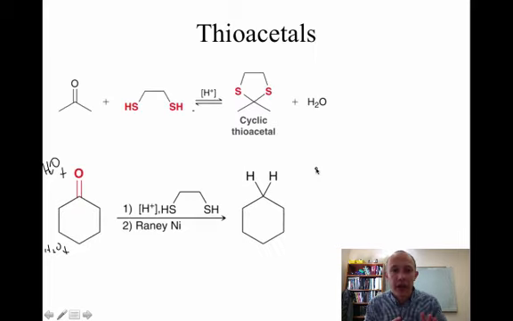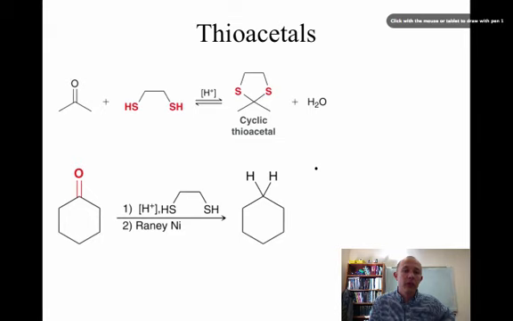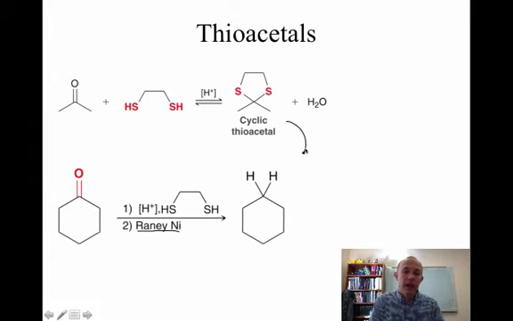The last thing we're going to talk about in this video is thioacetals. These are exactly the same. The mechanism to form these is exactly the same as that to form cyclic acetals, right? Instead of having two OH groups, you have two SH groups. And in the presence of an acid catalyst, you can form a cyclic thioacetal. These are useful because in the presence of Raney nickel, we can desulfurize.